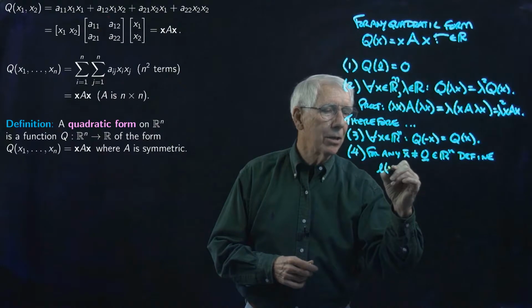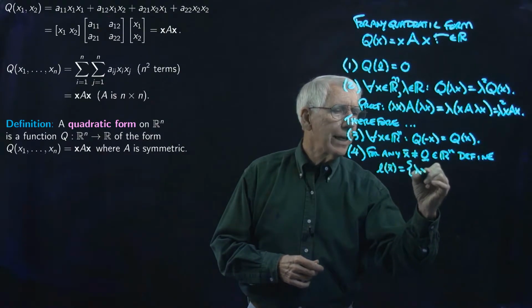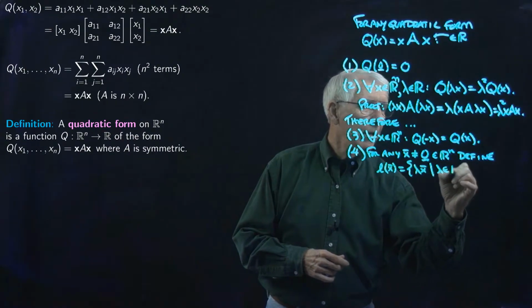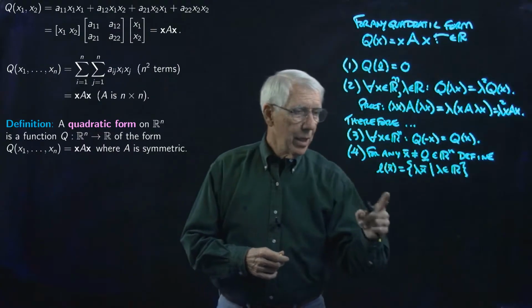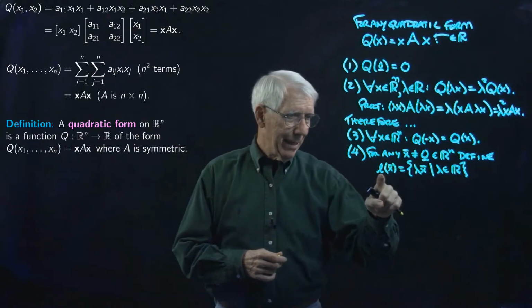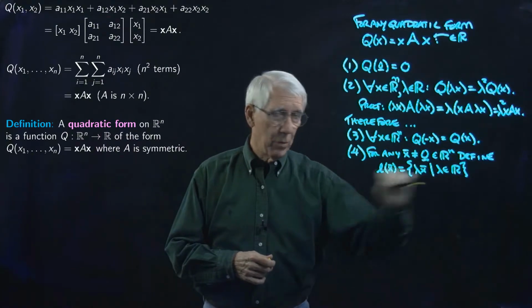lowercase script l of x bar to be the set of all vectors lambda times x bar for lambda in R. So x bar is some vector, not the 0 vector, and L of x bar is all multiples of that, positive or negative multiples.